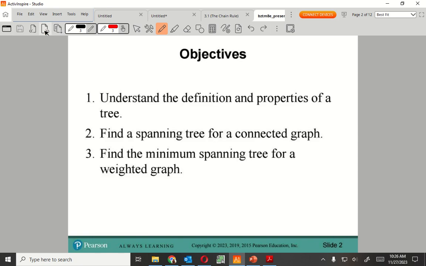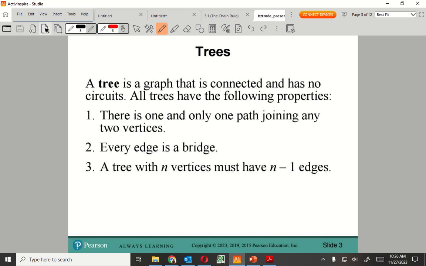Okay, now for the trees. A tree is a graph that is connected and has no circuits. No circuits. So what does that mean? You can't go all the way back around. It's actually branching off in different directions.